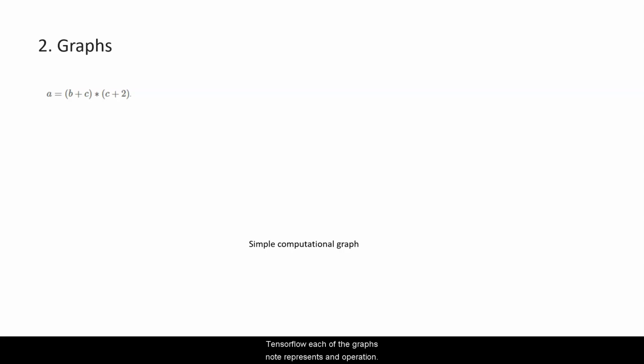In TensorFlow, each of the graph's nodes represents an operation, possibly applied to some input, and can generate an output that can be passed to another node.